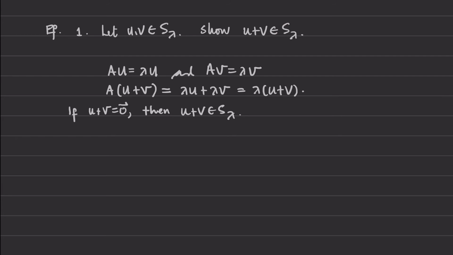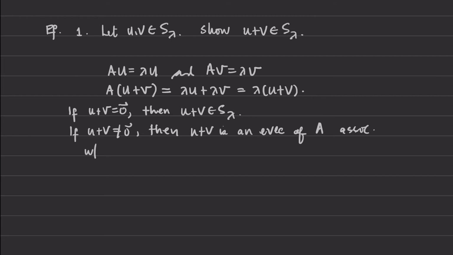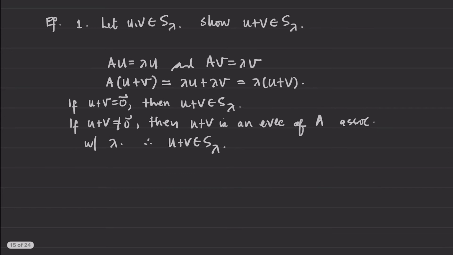If U plus V is non-zero naman, then A times U plus V equal to lambda times U plus V, where U plus V is non-zero. So, yung U plus V mo is an eigenvector of A corresponding or associated with lambda. Therefore, U plus V is in S lambda, kasi ang S lambda, collection siya ng eigenvectors ni A corresponding to lambda at saka yung zero vector mo. Okay, so kayo na mag-verify nito.